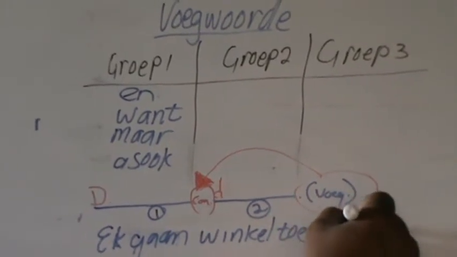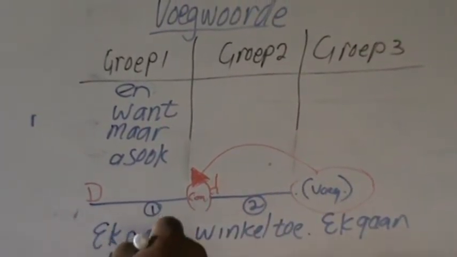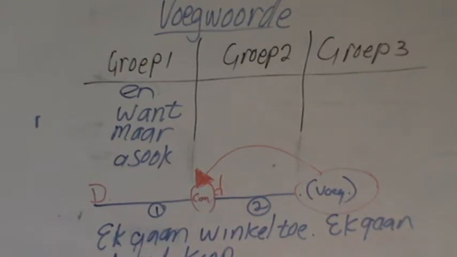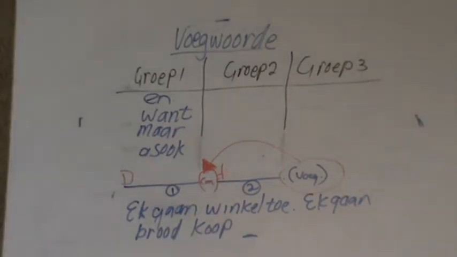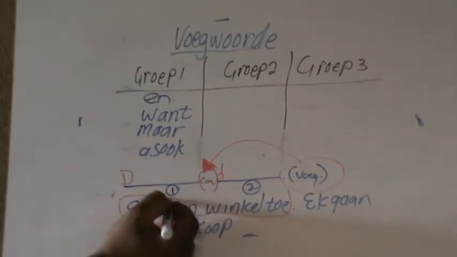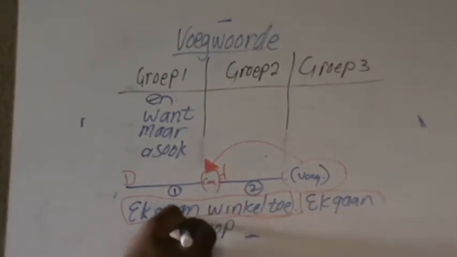Ek gaan brood koop. There we have two sentences. Let me just zoom up a little bit. My first sentence is ek gaan winkel toe, and then my second sentence is ek gaan brood koop.